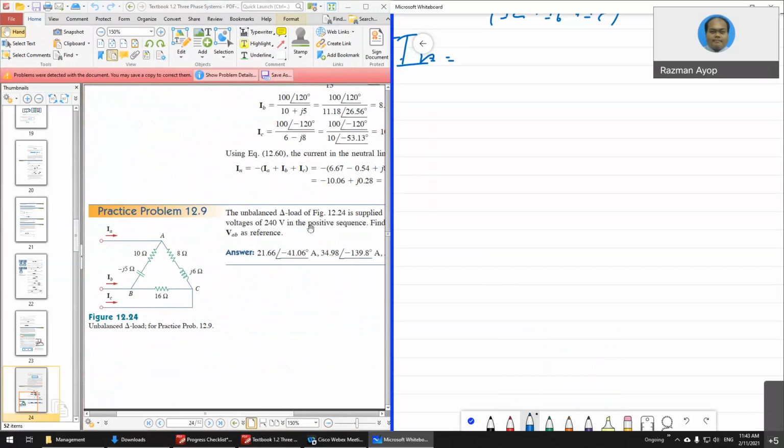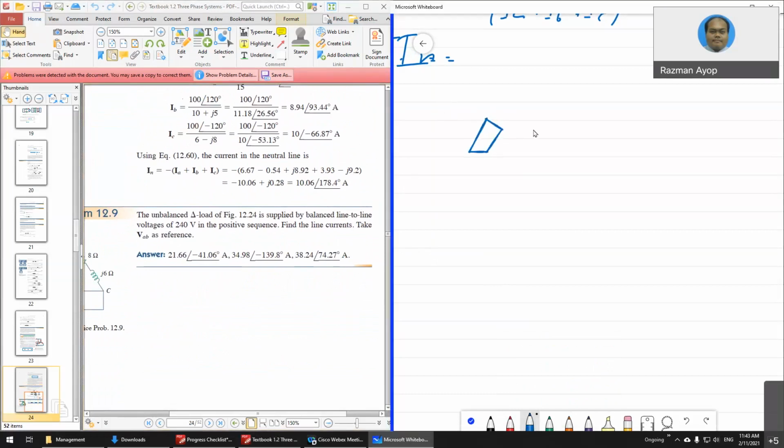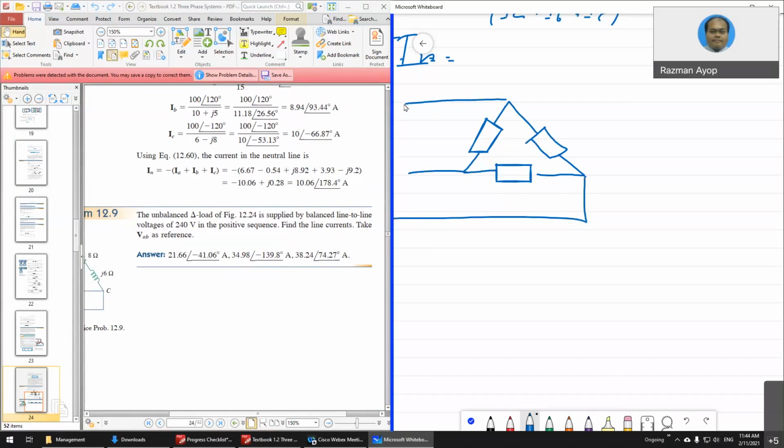So of course you already have the voltage, or you want to draw it because it is easier for you to see. So this is the load. Remember A, B, C. Current IA, IB, IC.